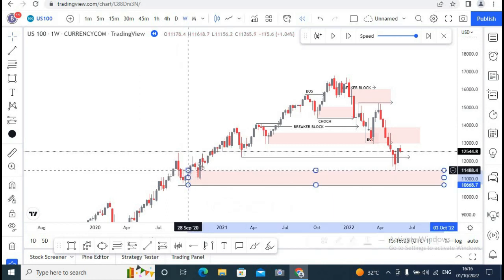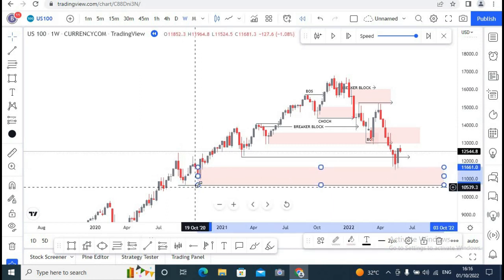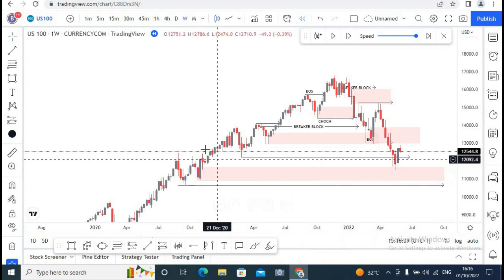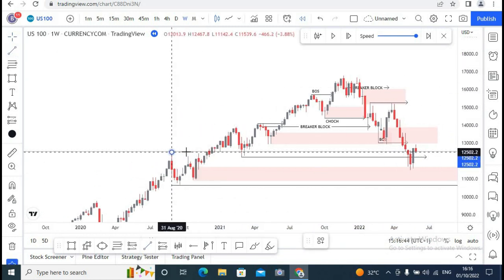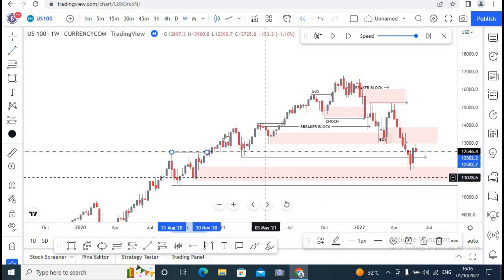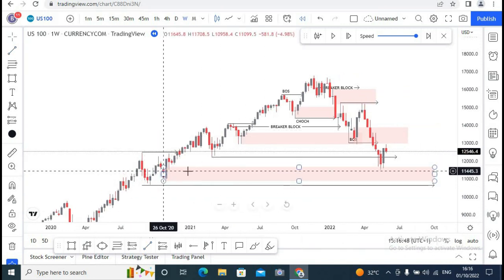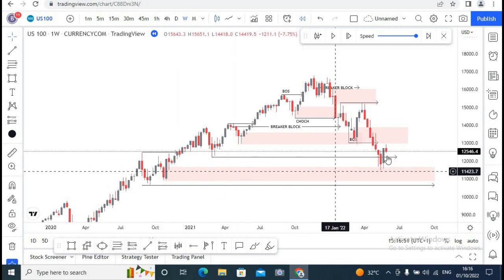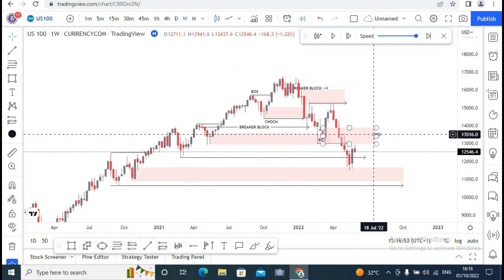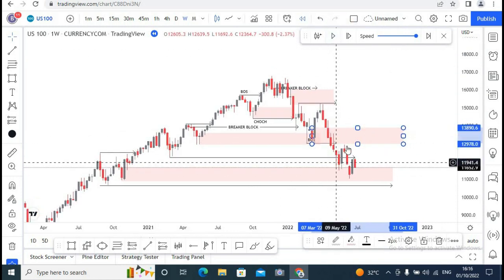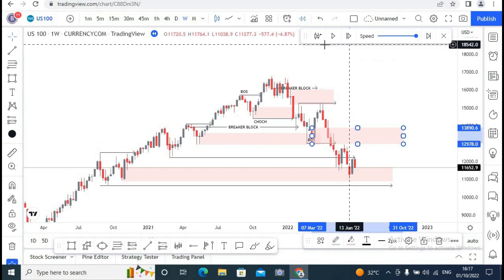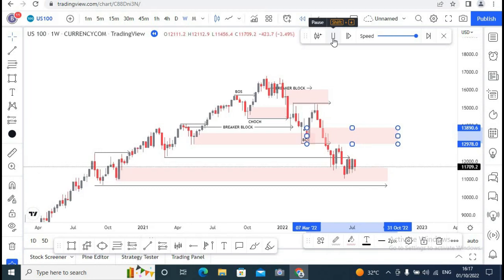So this is our weekly demand level, because you can see that clearly we did have a break of structure right here. So this was our weekly demand zone area, which was never mitigated, and this is our breaker block level. So now, as you can see, the price fails to come back to the breaker block. Now they have rejected to a demand right there, as you can see, guys, right?